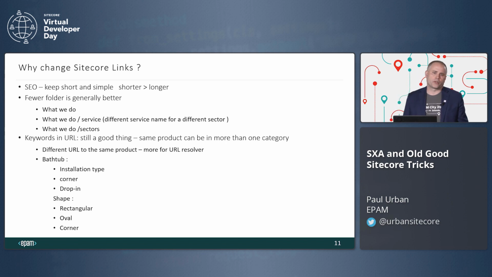As well, keywords in the URL are still a good thing. So it happened to me in a previous project to have different URLs for the same page, because let me actually show the use case.